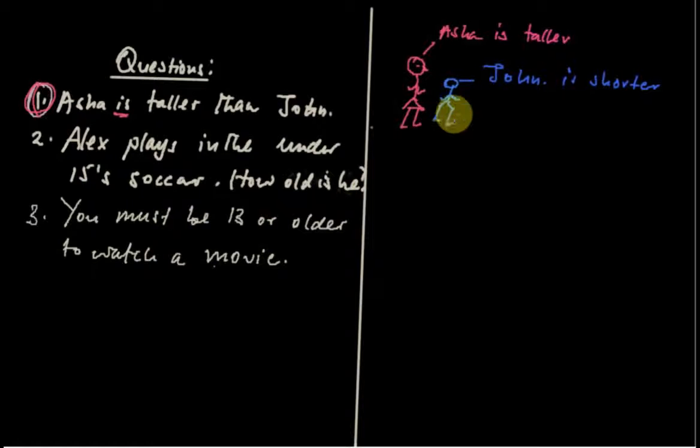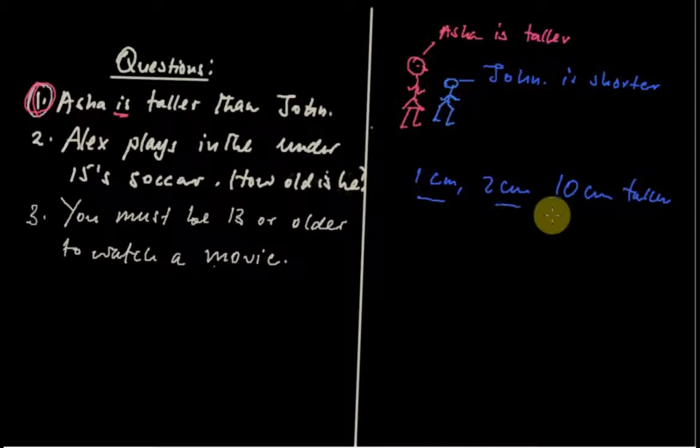So you see, but how short John is compared to Asha, it doesn't tell. It might be 1 centimeter, 2 centimeter, 10 centimeter taller.